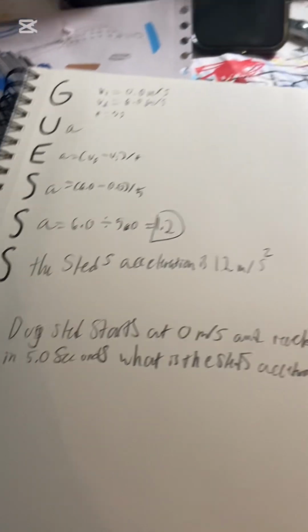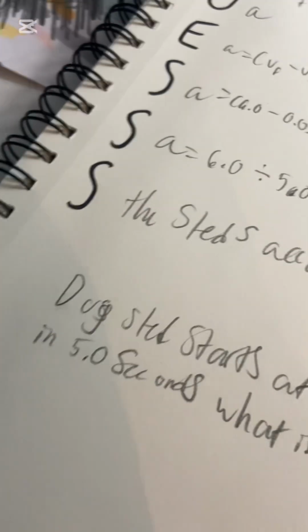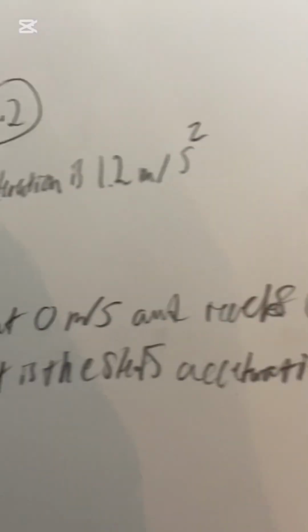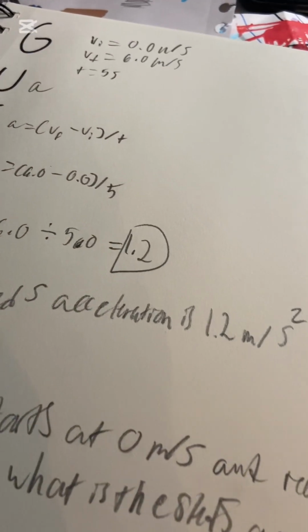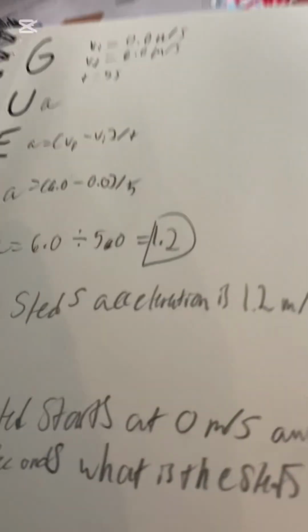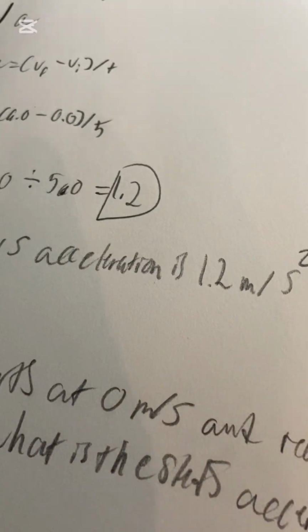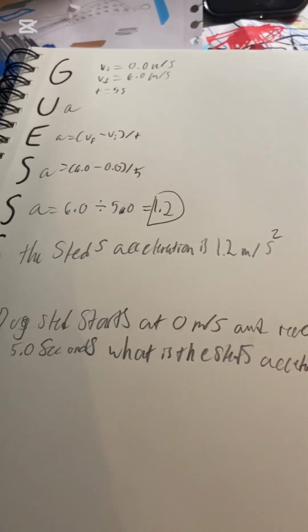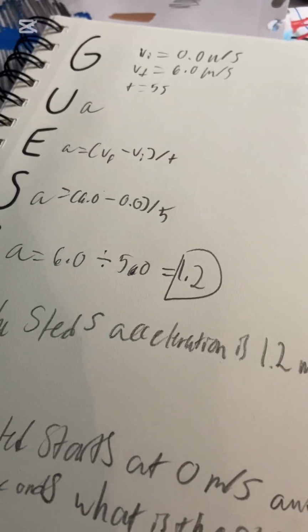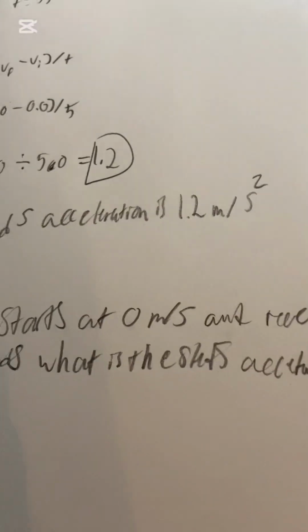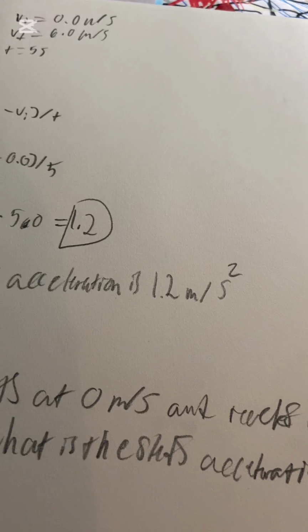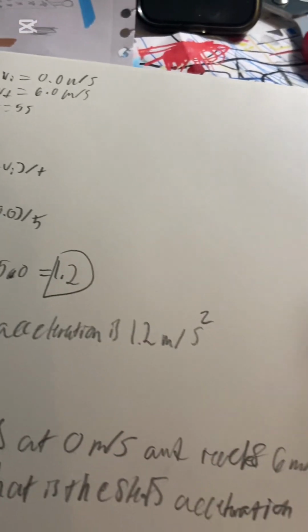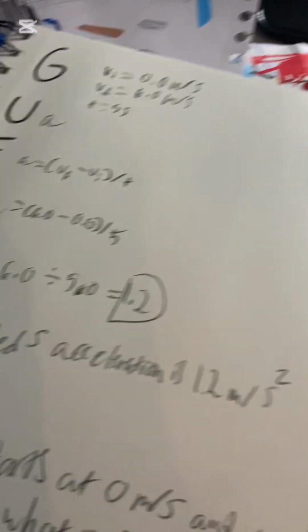We talked about acceleration, which helps describe how the sled gets moving from 0 to 6 meters a second, and by calculating the acceleration from a realistic enough situation, we can see how physics equations actually work in real life, and they can describe real life situations, like this dog sled in the park.